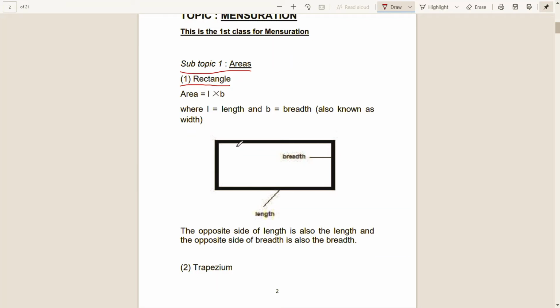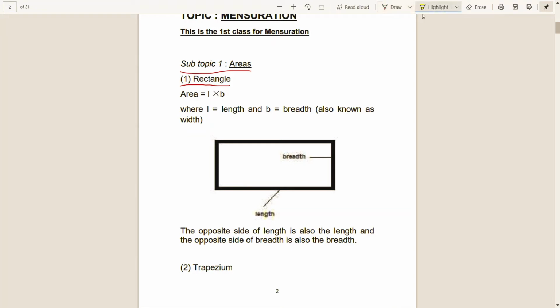This is the shape of a rectangle, where this line is the length, and this line is the breadth, which is also known as width. The opposite of the length is also the length, because they're the same in magnitude, and the opposite of this breadth is also the same in magnitude, and hence it is also known as breadth or width.